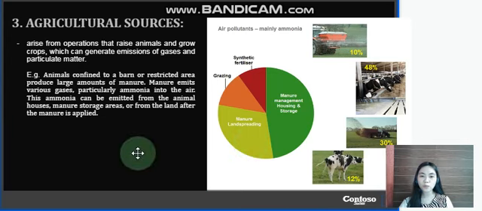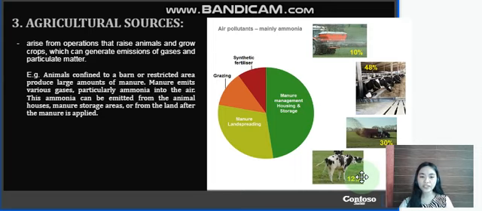Another source of air pollution, agricultural sources. So it arises from operations that raise animals and grow crops, which can generate emission of gases and particulate matter. For example, as you can see here sa picture, yung animals na confined to a barn or a particular restricted area, nagpo-produce sila ng large amount of manure. So, the manure, yung mga poop na tinatawag nyo, emits various gases, particularly ammonia, into our air.